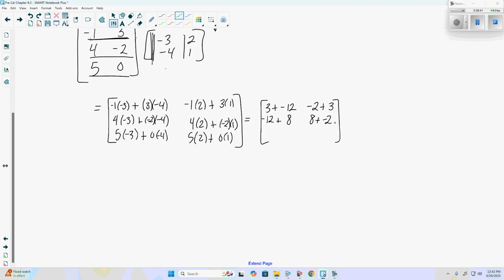Negative 2 times 1 is negative 2. 5 times negative 3 is negative 15. 0 times 4 is 0. 5 times 2 is 10. 0 times 1 is 0. And lastly, add 3 plus negative 12 is negative 9. Negative 2 plus 3 is 1. Negative 12 plus 8 is negative 4. 8 plus negative 2 is 6. Negative 15 plus 0 is negative 15. 10 plus 0 is 10.